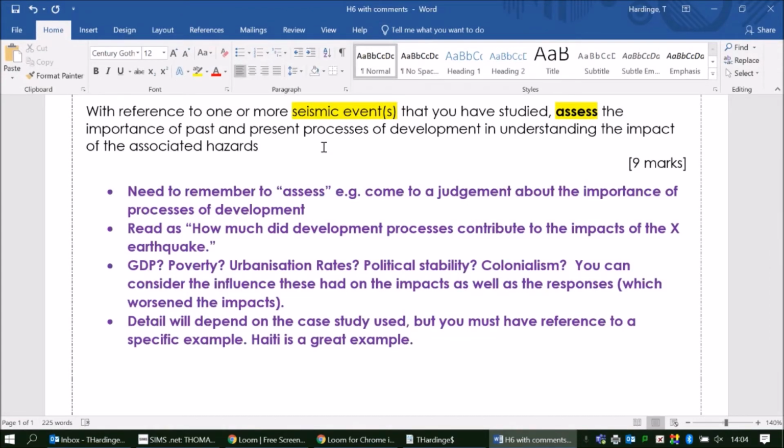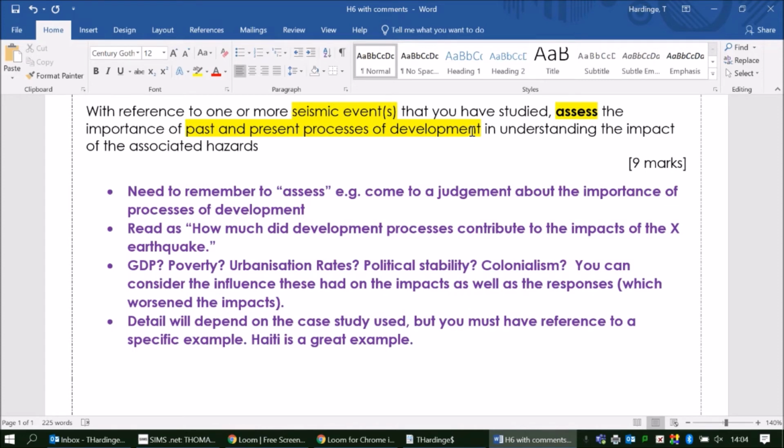So we need to consider how important past and present processes of development are in helping us to understand the impact of the hazard. So really, we can start to unpick this question. Again, you might have come across that phrase, or should have come across that phrase, past and present processes of development, in the changing places topic.